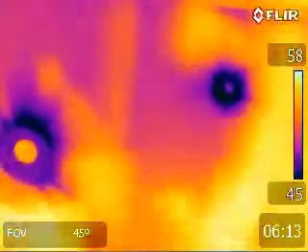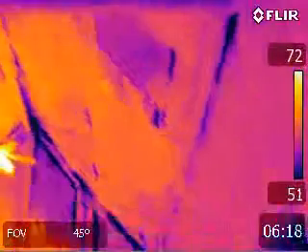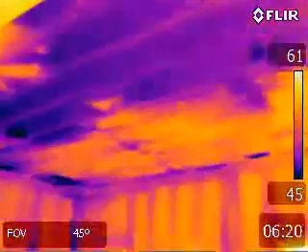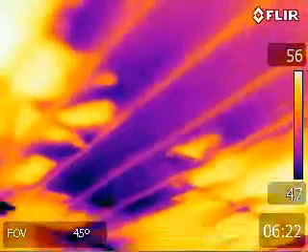Some more air infiltration around those recessed lights. A lot of missing insulation in this room.